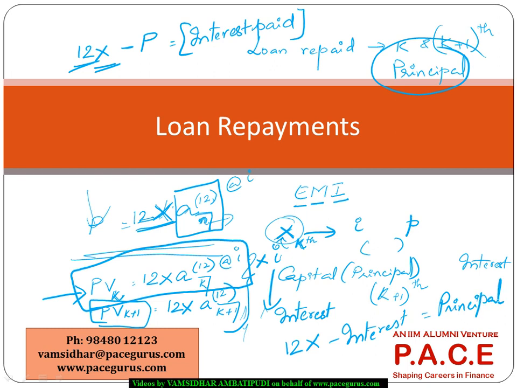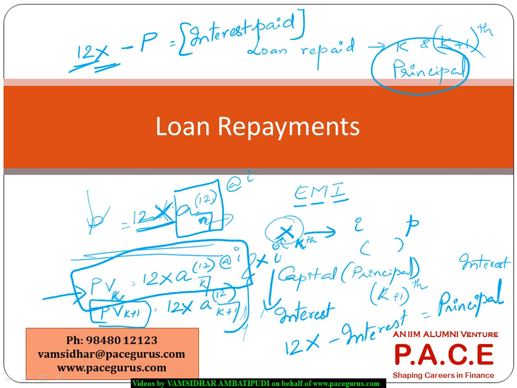Either of the ways, you just need to visualize. Either find the principal outstanding for both the periods, subtract, and say that the difference is the principal repayment during the period, and from 12X subtract that part and say that is the contribution of the interest payment during this period.